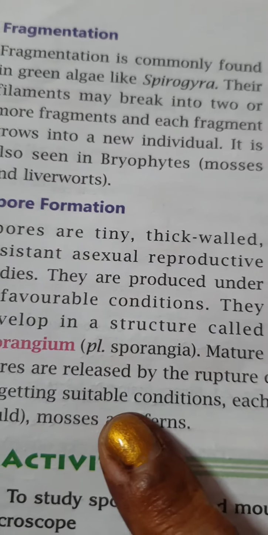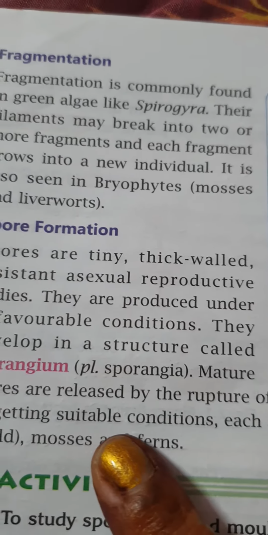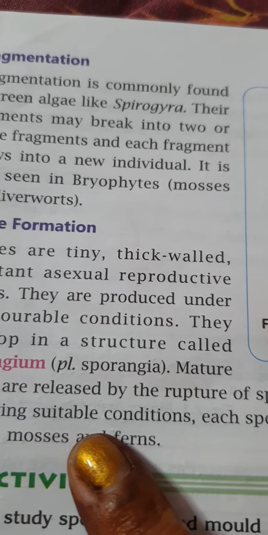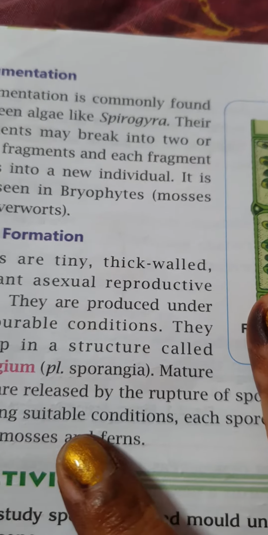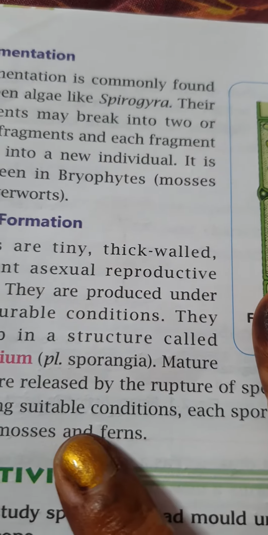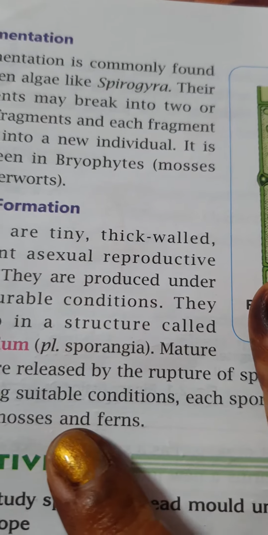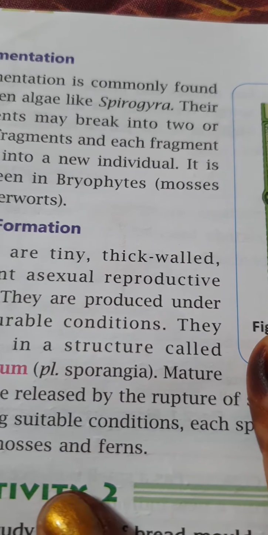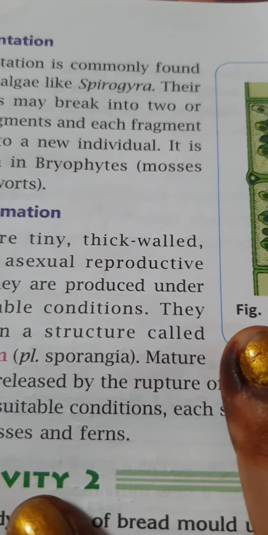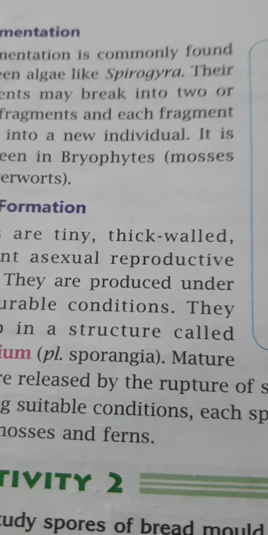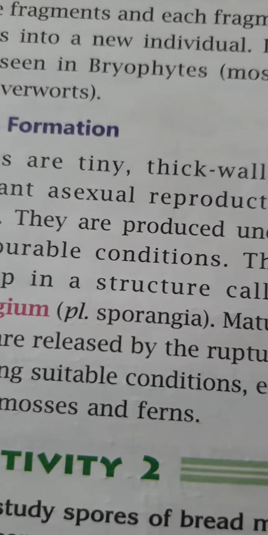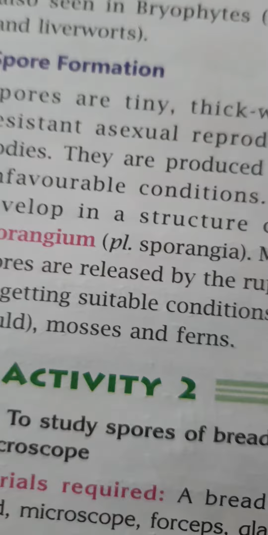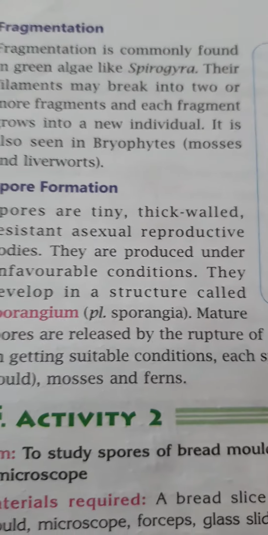Each section or part of the plant develops into a mature plant. From which portion do they develop? Each section, just like when our hand breaks, it joins. Similarly in fragmentation, a new plant arises and reproduces, but it is produced from a section of the parent plant, and each section, or part of the plant, develops into a mature plant, a fully grown individual.